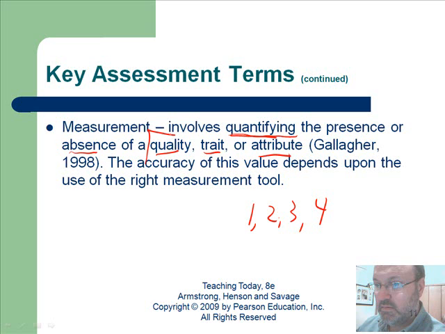This is what you're trying to teach. You're trying to teach every student qualities, traits, and attributes. And so measurement is assigning numbers to that quality, trait, or attribute. And it could be the presence or absence also, because sometimes they're not learning. And learning isn't always a critique of the teacher, because there are three parts in learning.